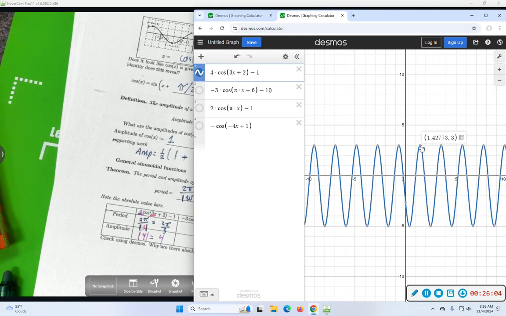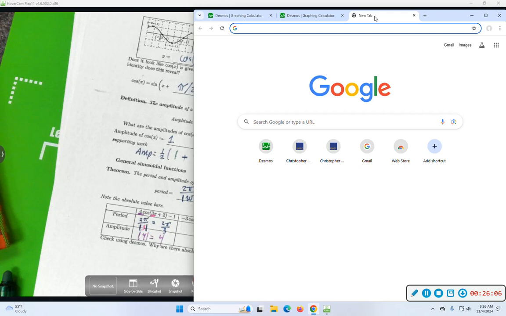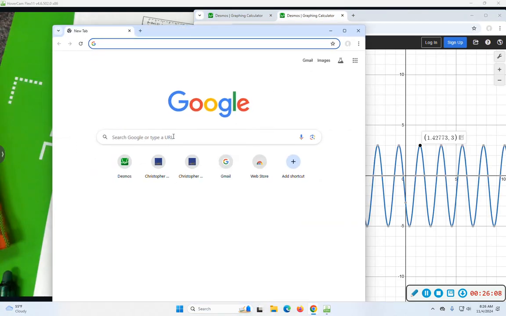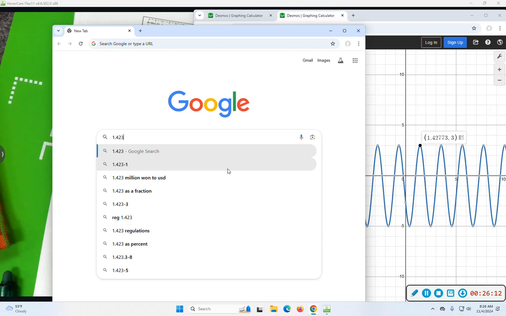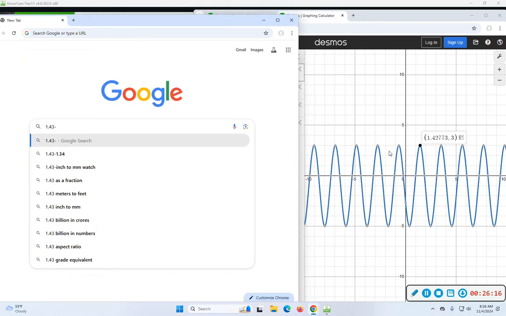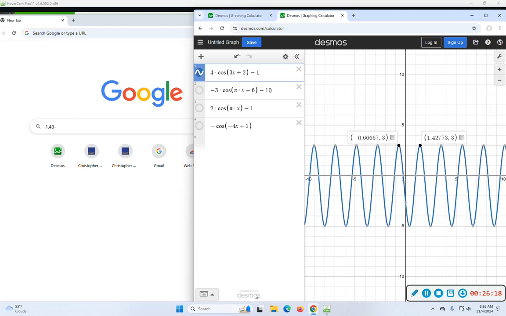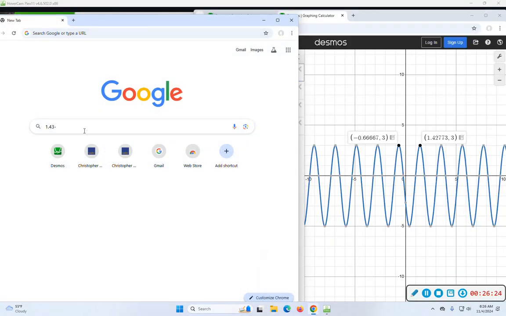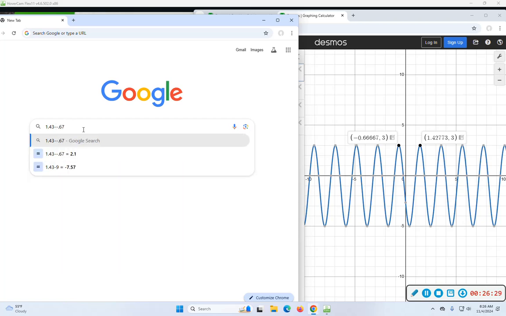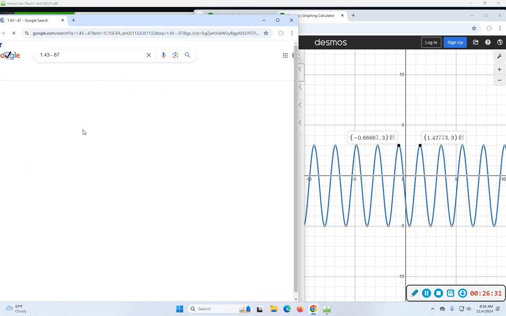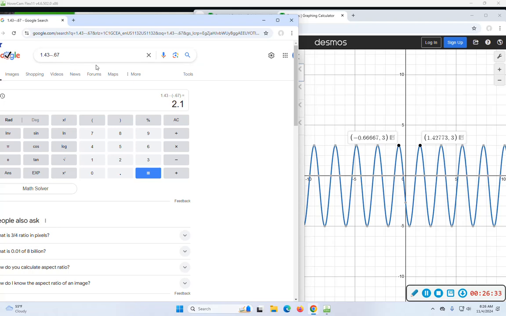All right, my memory is very bad, so I have to have everything open at the same time. About 1.43 minus negative 0.667 is about 2.1.